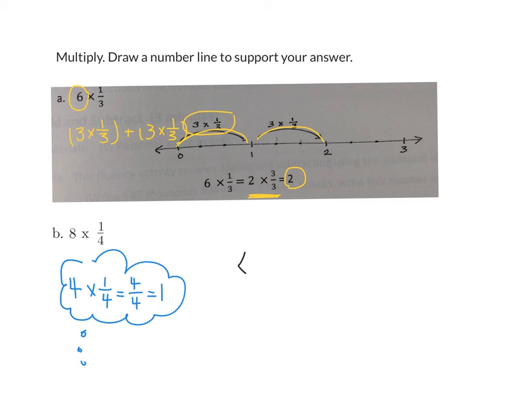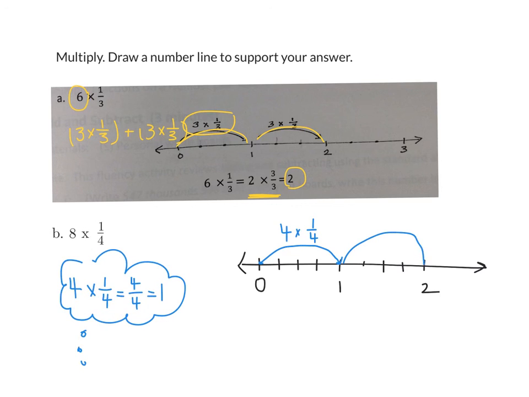So on my number line, if I start at 0 here and I have 1 and I have 2, etc., if I divide this into fourths in between each whole number, I know that moving from 0 to 1 is the same as 4 times 1/4. Do you guys agree? And then moving to 2 is another 4 times 1/4.